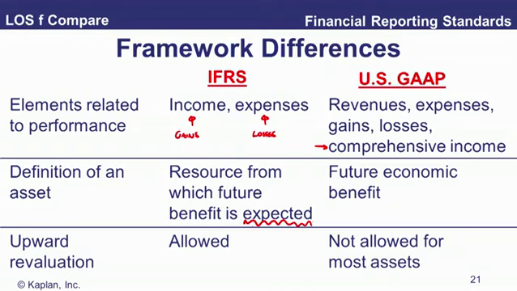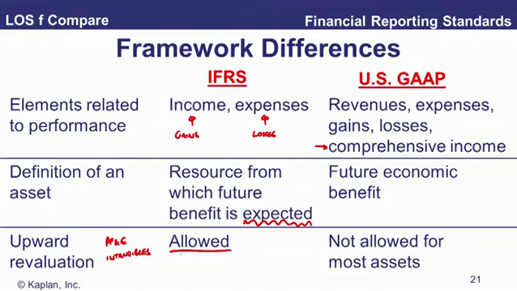Upward revaluation, I think this is probably the most important one here. In particular, things like PP&E and intangibles. Allowed under IFRS. So you've got two choices. You can either use historic cost convention or you can revalue. And again, we'll talk about that in a reading later on.